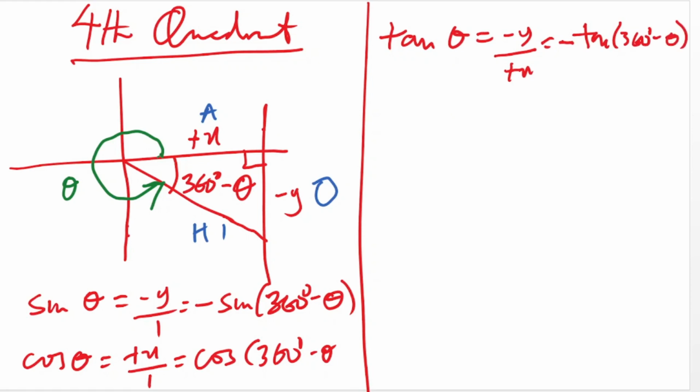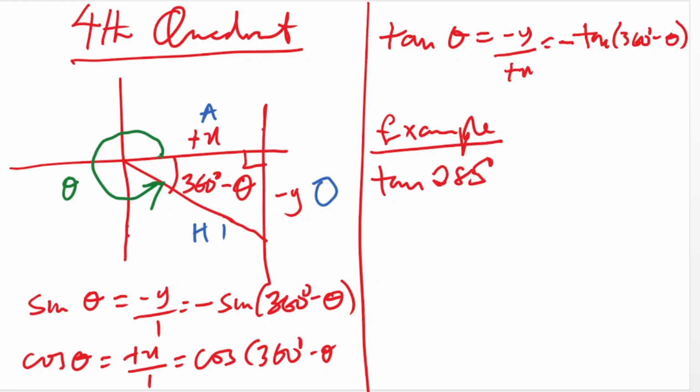Let's look at one example under this one. Let's say we have tan 285 degrees. It falls under the fourth quadrant. You always see where the degree falls before you know which one you are going to use.